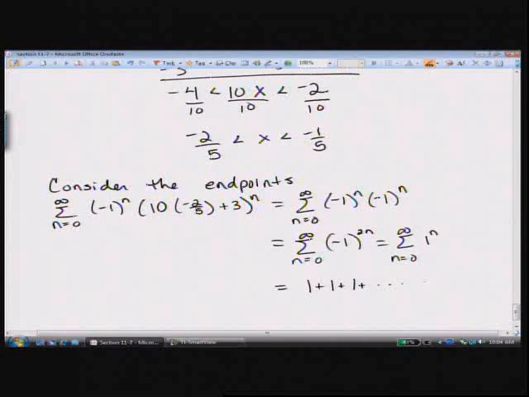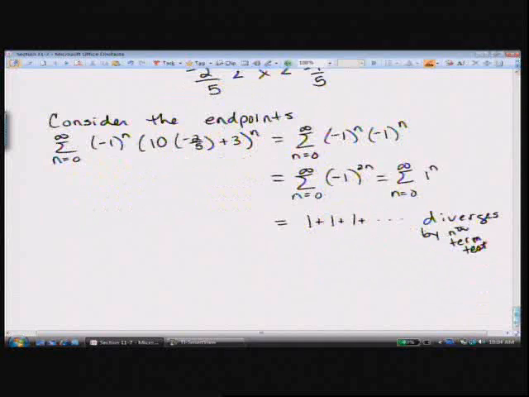Yeah, it's going to diverge by the nth term test, right? Because you're always adding 1. In order for a series to converge, the nth term has to go to 0. So you know that at this endpoint, you're not going to include it. You're not going to include negative 2/5.